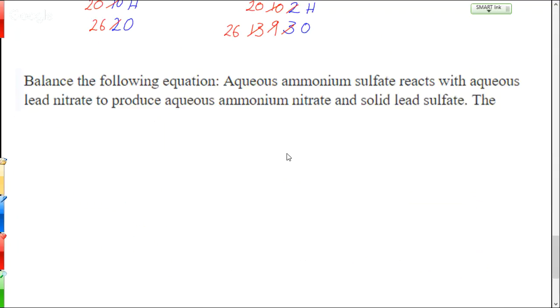Can everybody read that? Balance the following equation. Aqueous ammonium sulfate reacts with aqueous lead nitrate to produce aqueous ammonium nitrate and solid lead sulfate. This one gets a little bit trickier because you're not given the formulas. But you should be able to construct formulas from all those names.